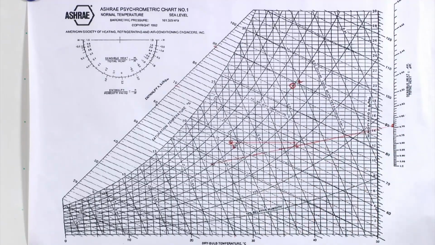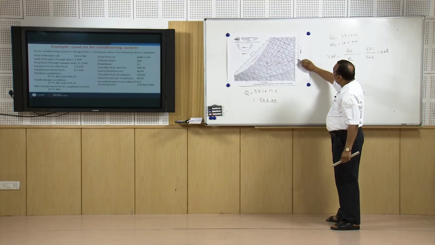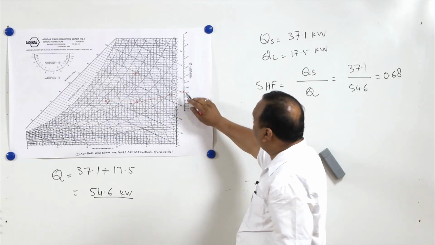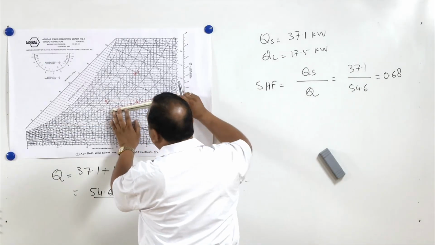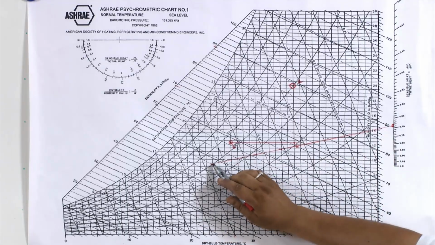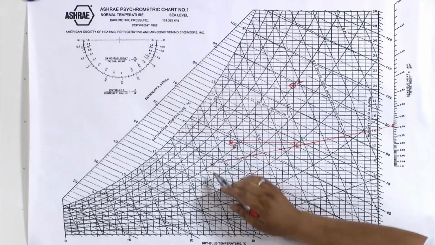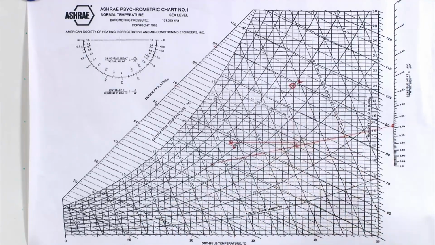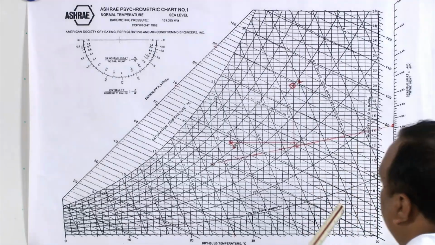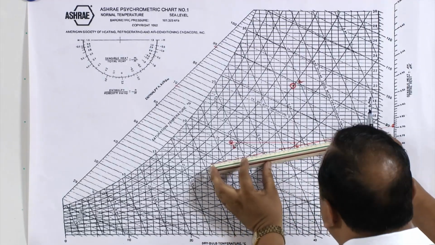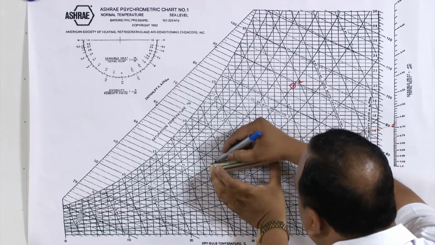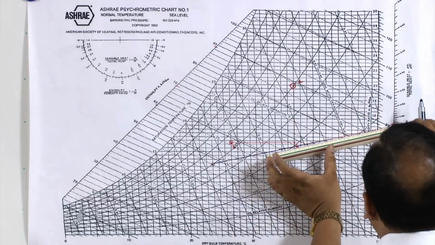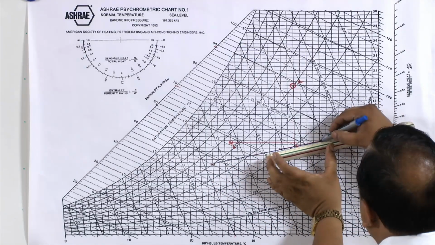So I am repeating. First of all, we identified the 0.68 mark here, and that mark is connected with the center of this small circle that depicts 24 degrees centigrade temperature and 50% relative humidity. So we are getting this line.